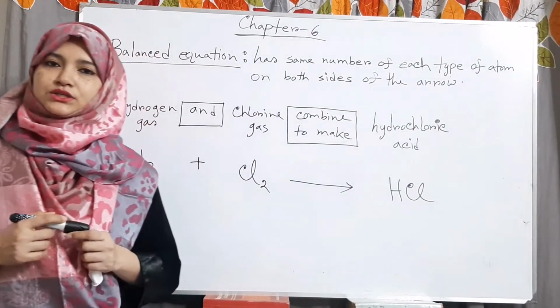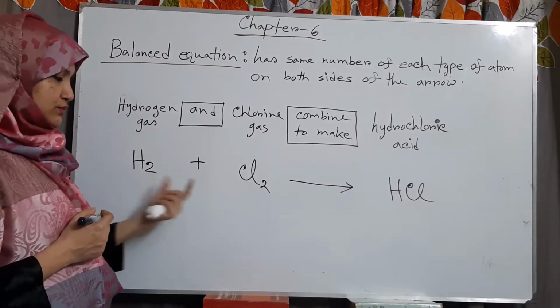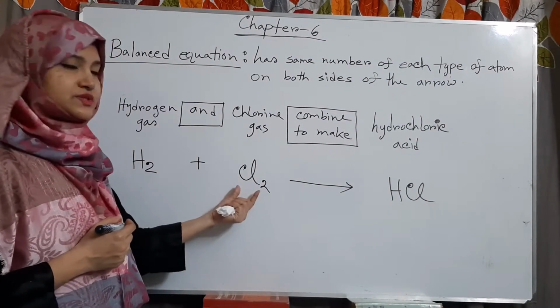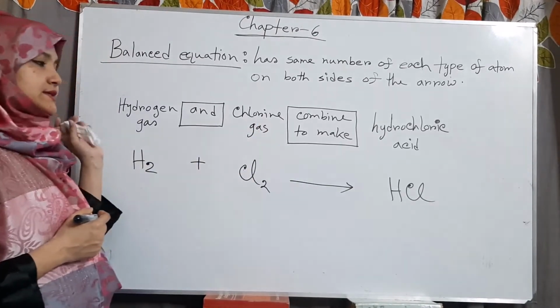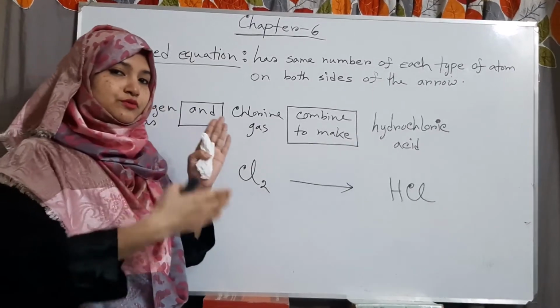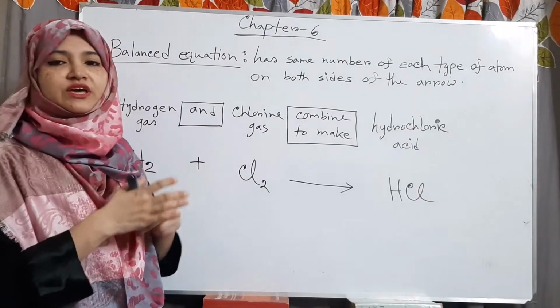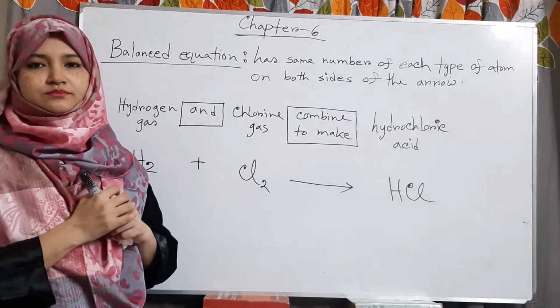We use the formulas of each compound and element, and if we have more than one product or reactant, then we have to put a plus sign between them.